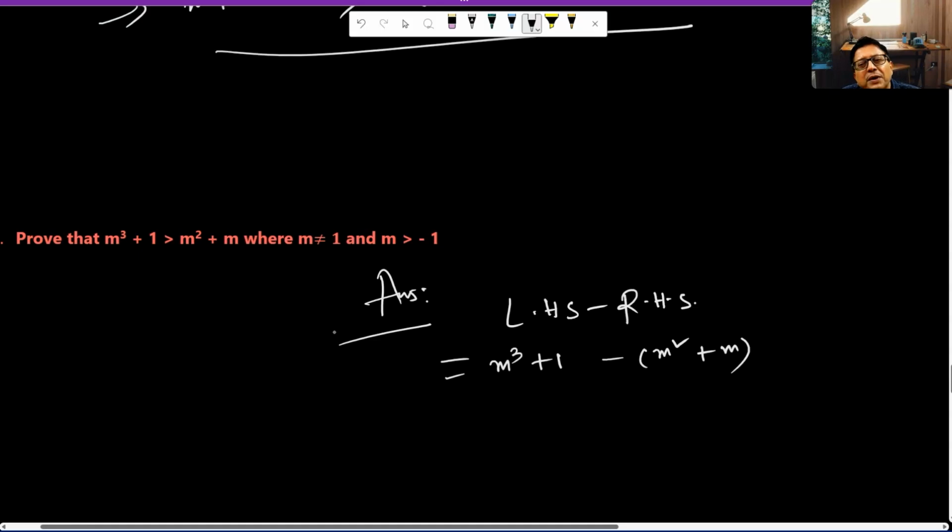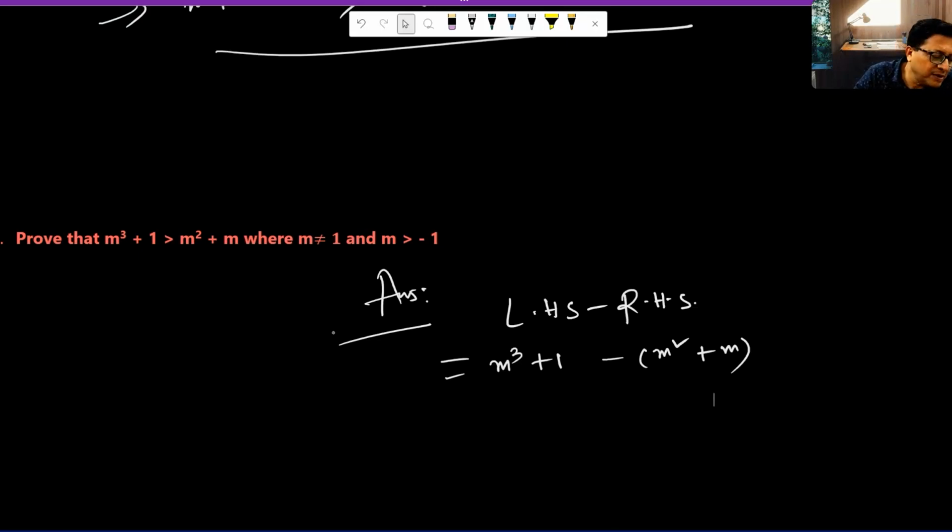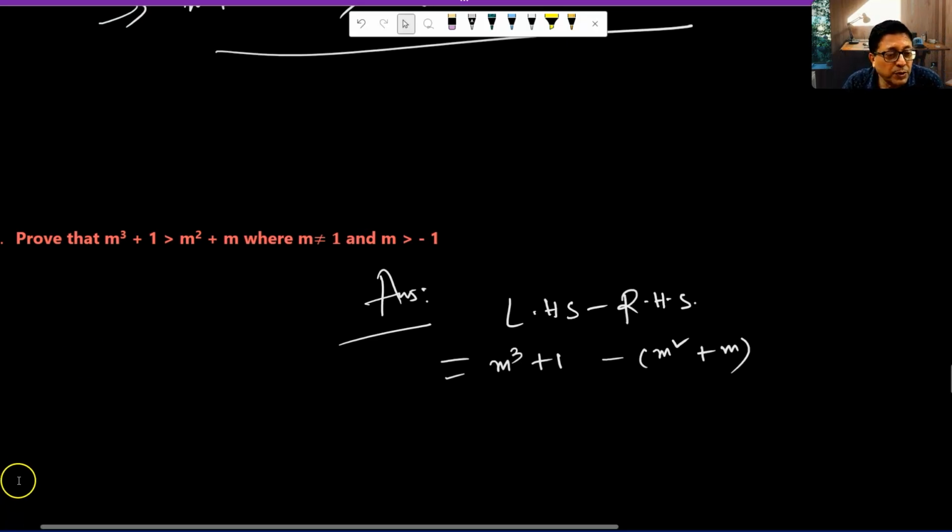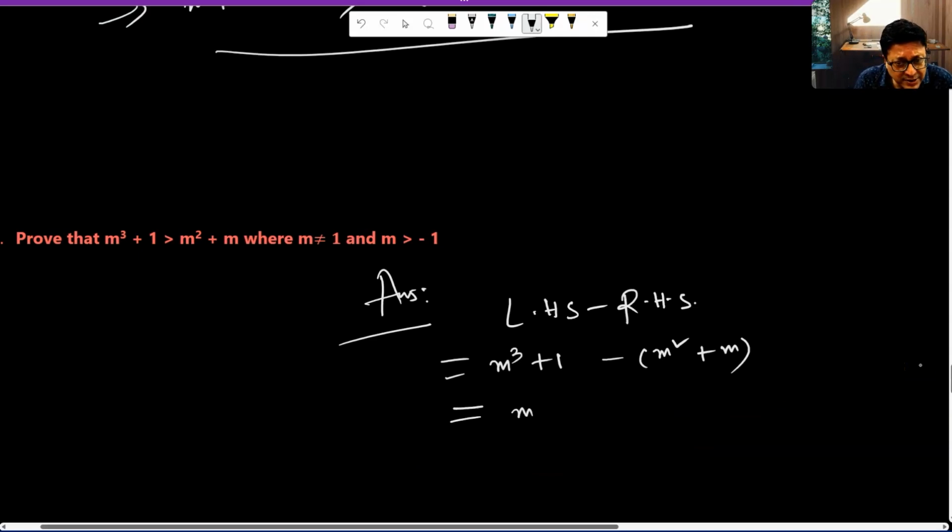You agree? Given m is greater than minus 1 in the problem. m greater than minus 1. Okay? So, you just take this one as m plus 1, m square minus m plus 1, minus m into m plus 1.